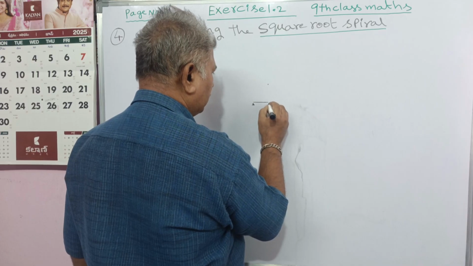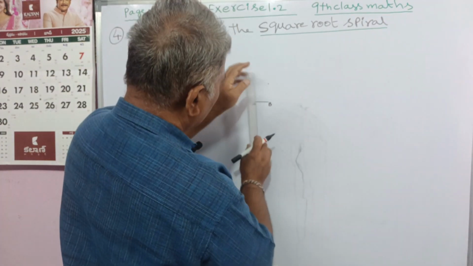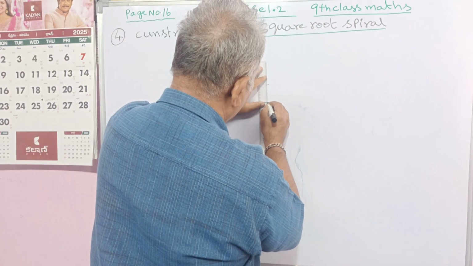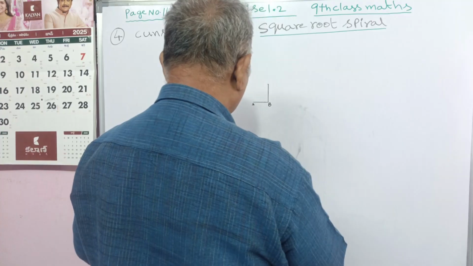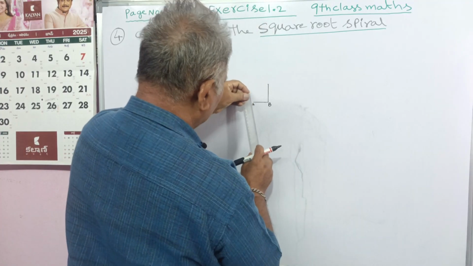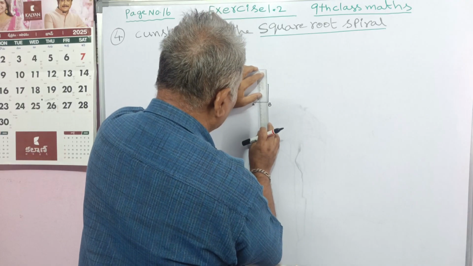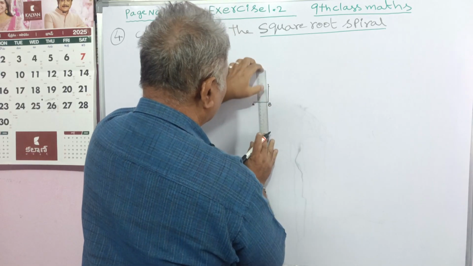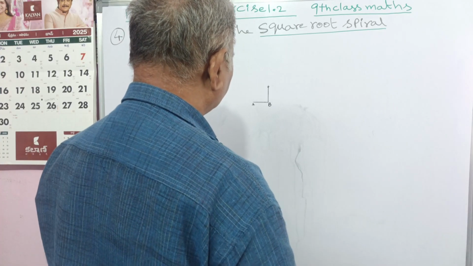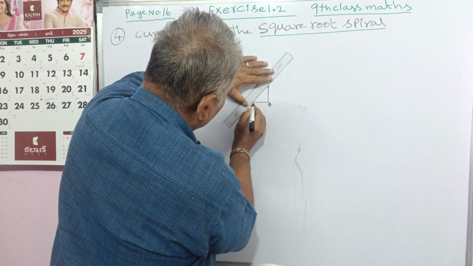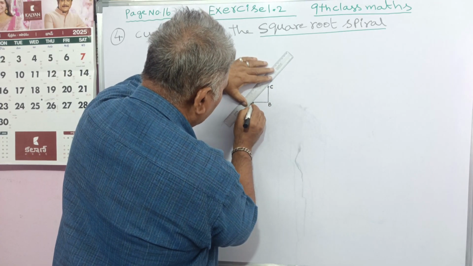This is A and this is B. Draw a line perpendicular to AB, and it should also be 1 unit. This point is C. Now join AC.